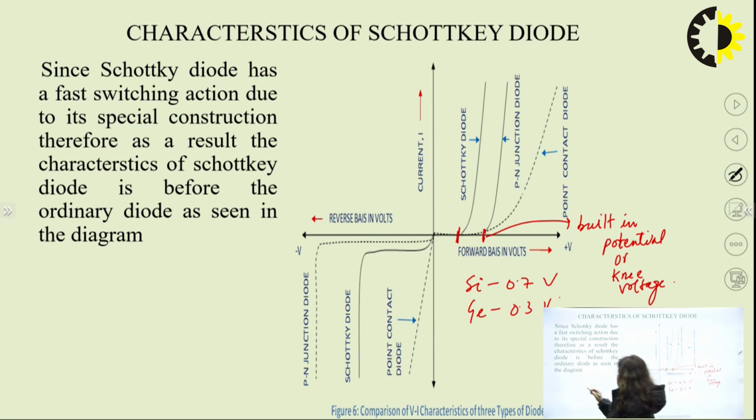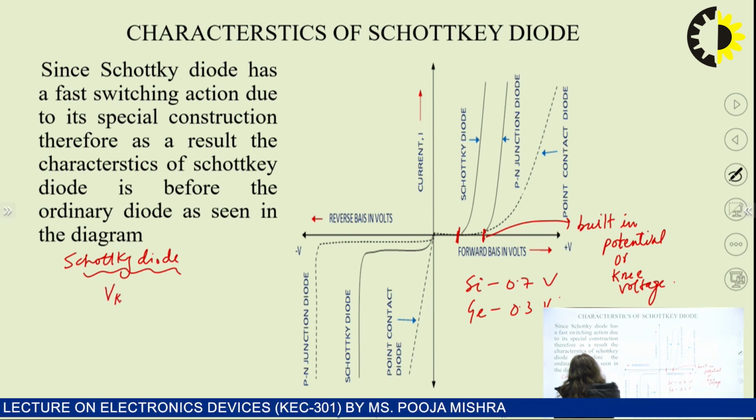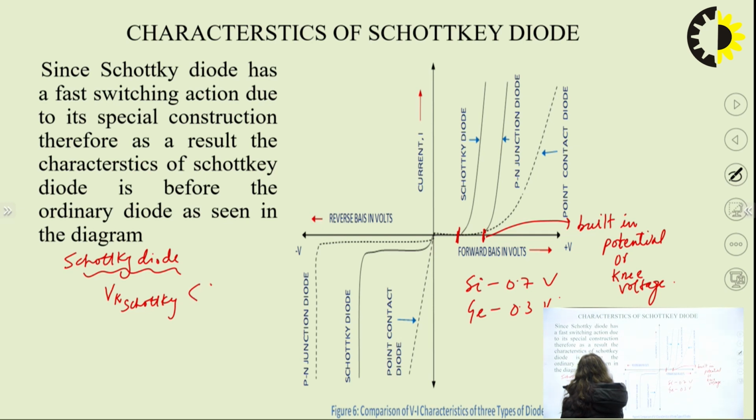So we can say in the case of Schottky diode, we have this conclusion, that is Vk for Schottky is lesser than Vk for a normal PN junction diode.